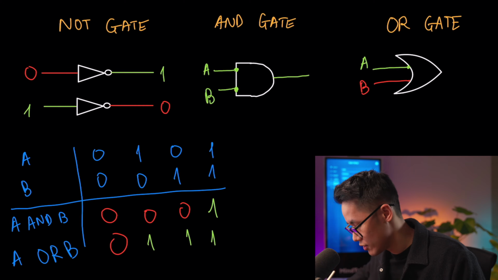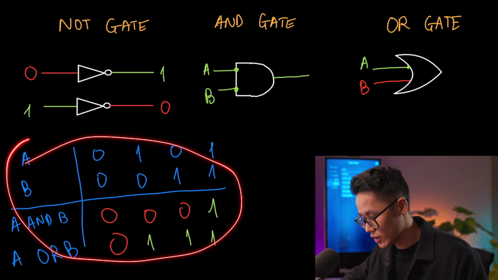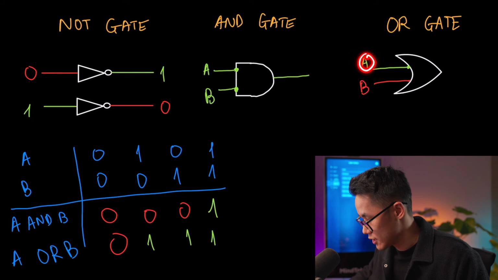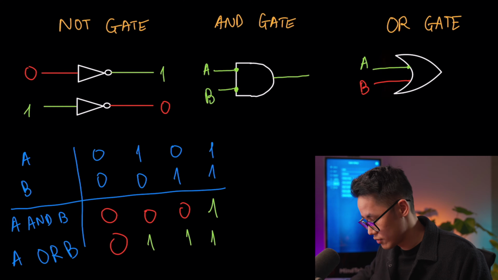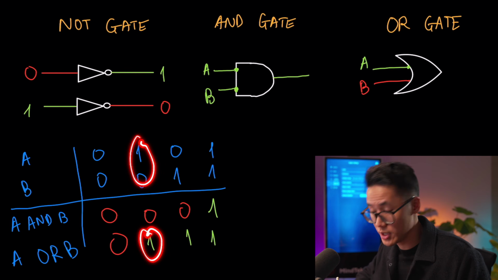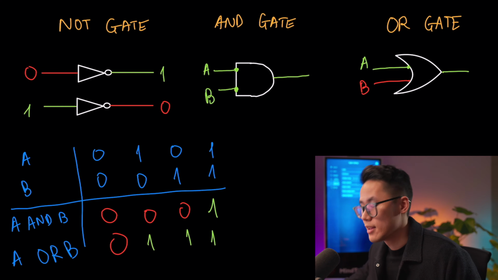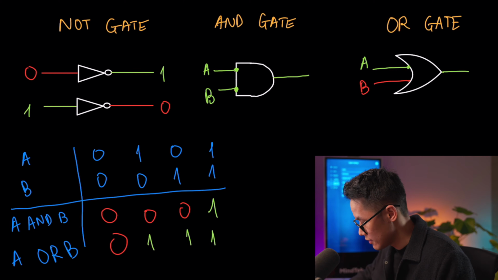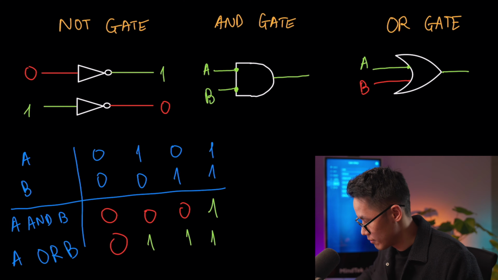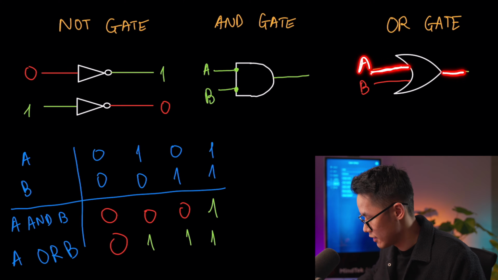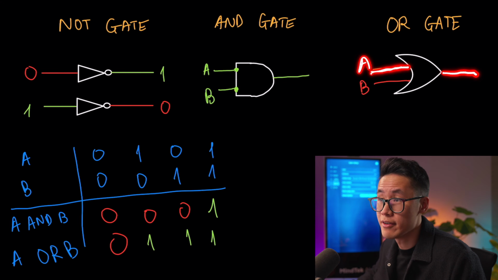To answer that question, you need to look at the truth table, and you see that this one is on, which means this is 1, this is 0, 1, 0, the output is 1. So there is some signal coming out of it. Okay, that's how it works. And if both of them are off, then no output will be coming out.